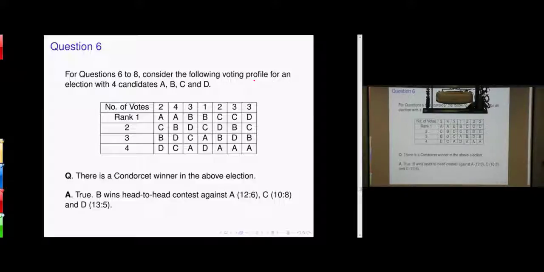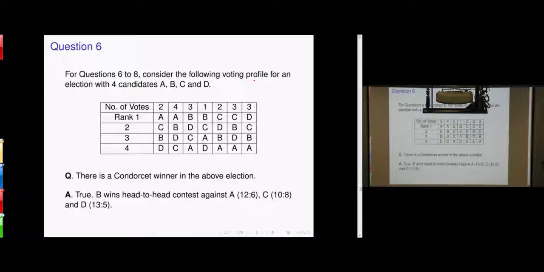Let's see. Can C beat A? 3 votes here. 4, 6, another 6, 12. So C will beat A. C will beat B. Is C going to beat B? Hopefully yes, and then C is a Condorcet.